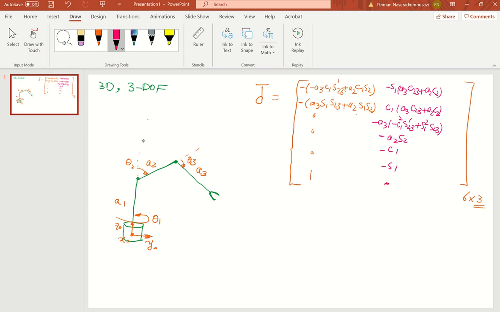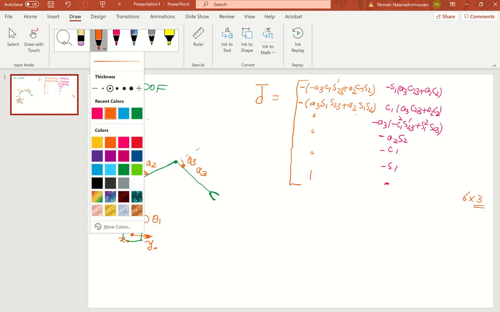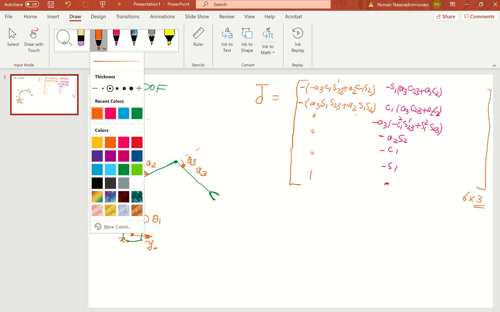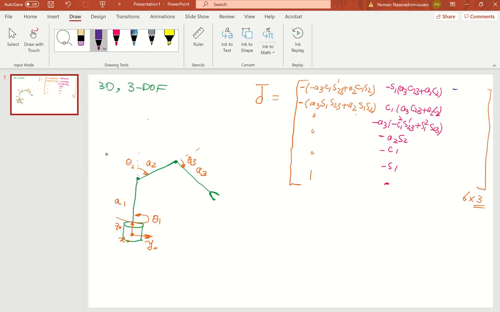And the last line, say here is J3, was minus s1 a3 cosine 2 3, cosine 1 a3 cosine 2 3, a3 cosine 1 square s prime 2 3 plus s1 square s 2 3. That's right. Again minus cosine 1, minus sine 1 and the 0.